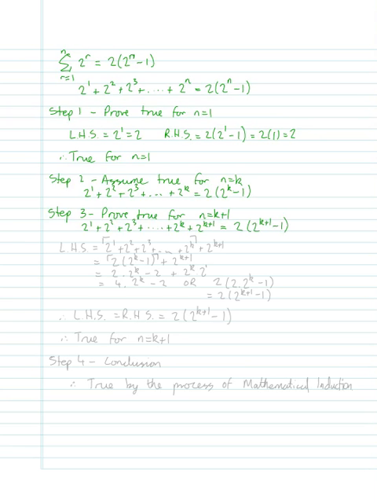So firstly, on the left hand side we have 2 to the 1 plus 2 squared plus 2 cubed plus 2 to the k plus 2 to the k plus 1. Now the first terms, from 2 to the 1 all the way up to 2 to the k, are equal to 2 outside of 2 to the k minus 1.